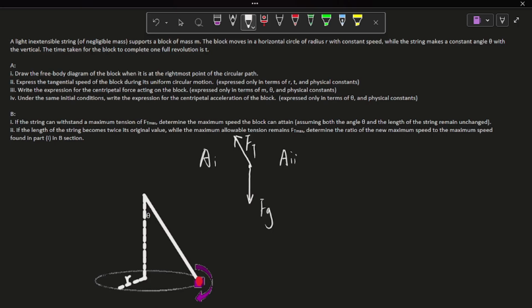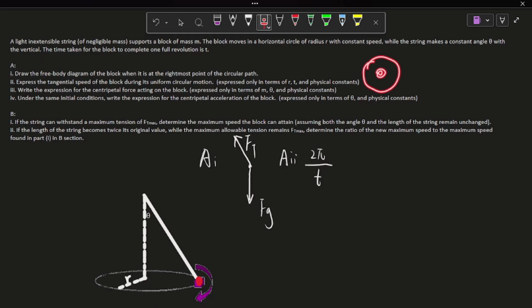Express the tangential speed of the block during its uniform circular motion. From the question, we already know that the time taken for the block to complete one full revolution is t. So we can get the angular speed, which is 2 pi over t, because one revolution is just one circle, and the angle of it is just 2 pi.